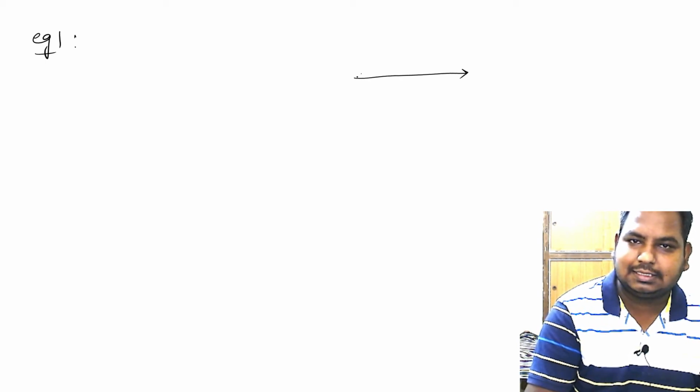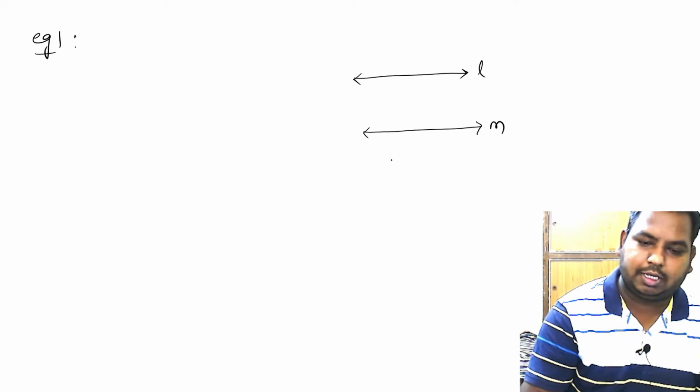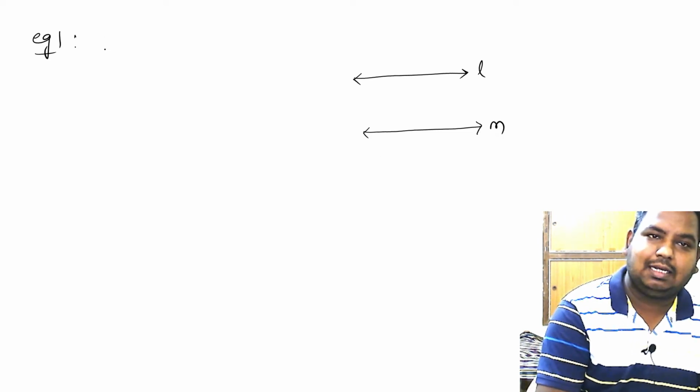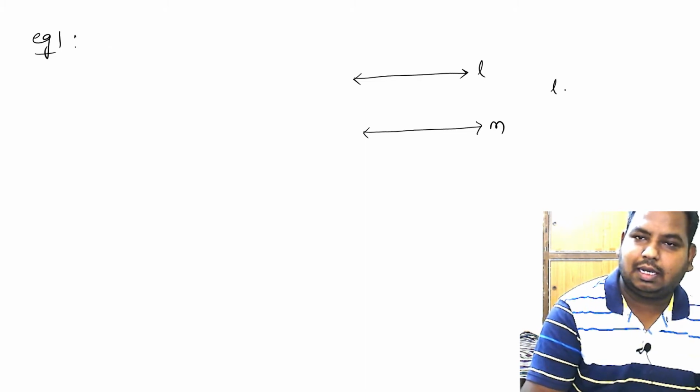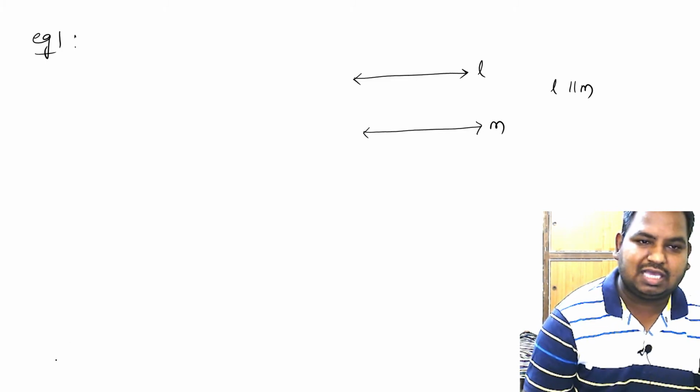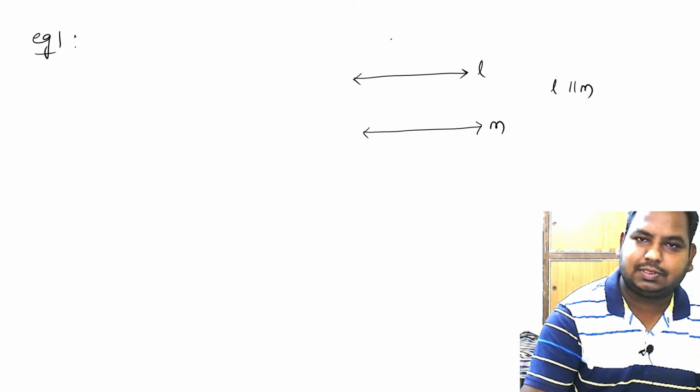We have two lines. We have line L and we have one more line M. Both the lines are parallel. L is parallel to M. And we have a transversal here.